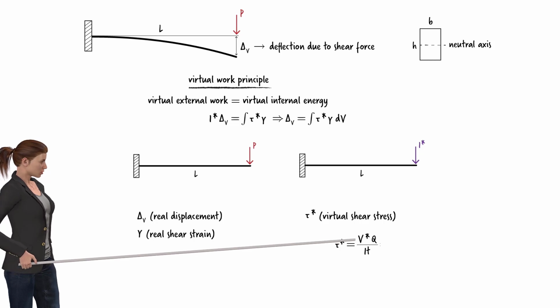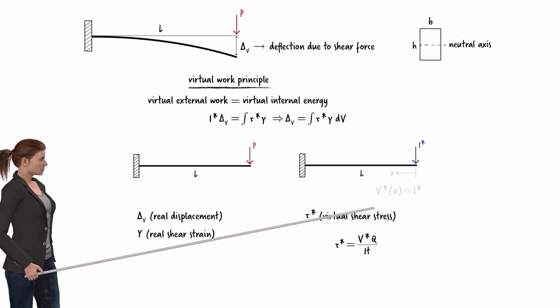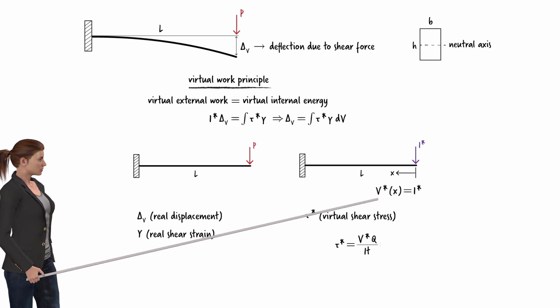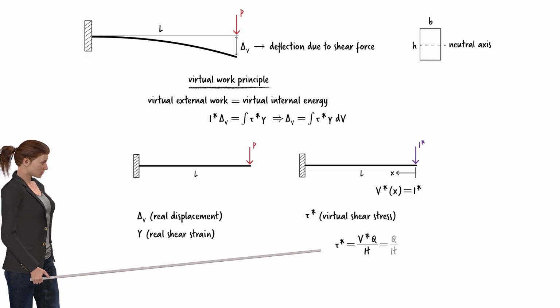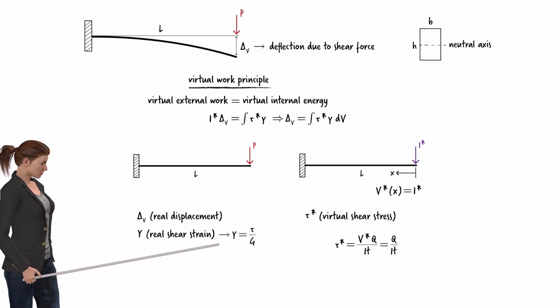Here, V star is the shear force in the beam due to the virtual unit load. For the cantilever beam, V star is constant. It equals the unit load. So tau star simplifies to Q divided by I times t. The shear strain for each beam element can be expressed as this.